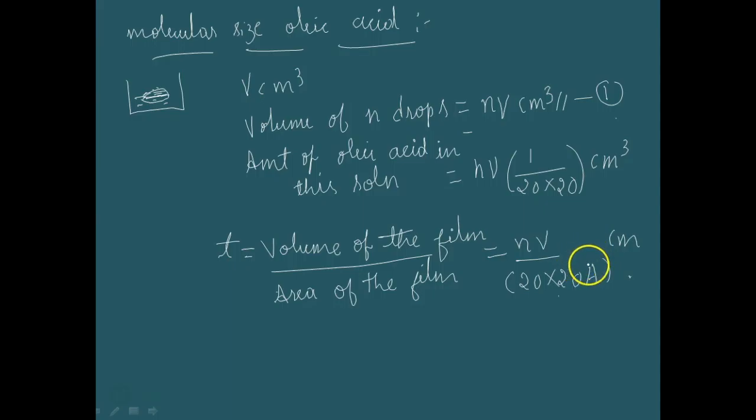If we assume that the film has monomolecular thickness, then this becomes the size or diameter of a molecule of oleic acid. The value of this thickness comes out to be of the order of 10 raised to minus 9 meter. So if you assume that this oleic acid forms a monomolecular layer on the surface of the water, then we can say that is the thickness of the molecule of oleic acid.